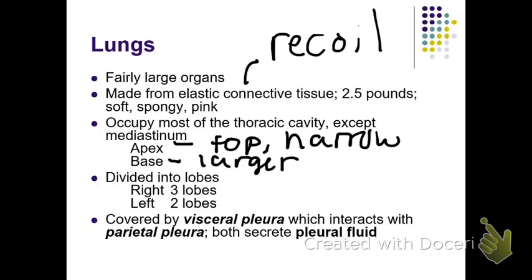And then there's a bunch of fluid surrounding the lung. So we have the visceral pleura, and it interacts with the parietal pleura, and both of these pleurae secrete the pleural fluid. And the pleural fluid allows for the lungs to glide within the thoracic cavity.